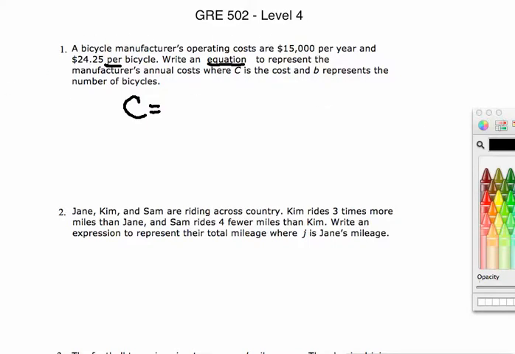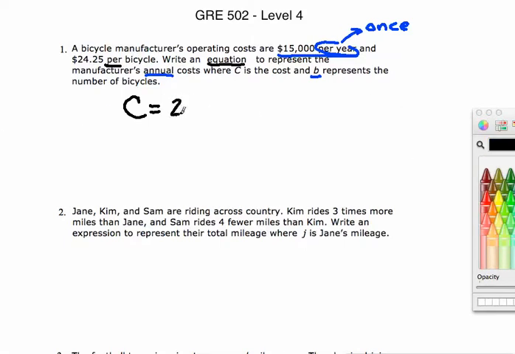Up here it tells us that we've got this $15,000 per year. So annual means yearly, and within 1 year this happens once. And then we see $24.25 per bicycle. We know that B has to be in our equation, and that represents the number of bicycles. Whenever you see the word per next to whatever the variable is, that's going to mean multiplication.